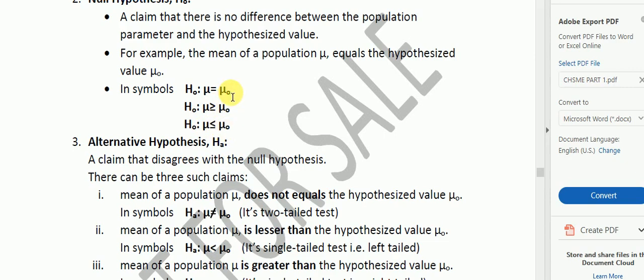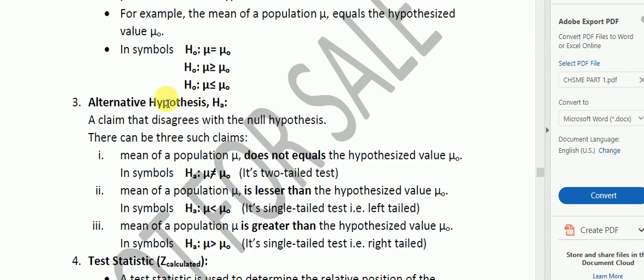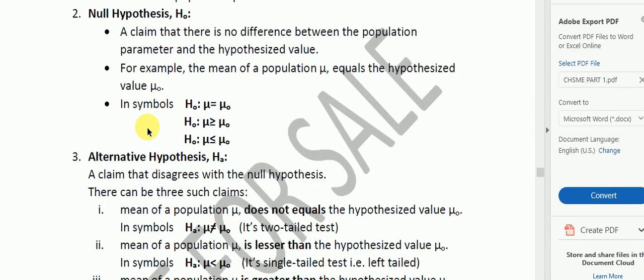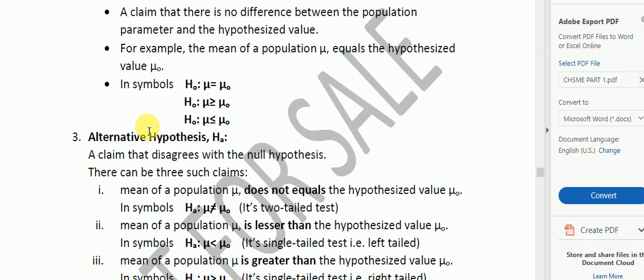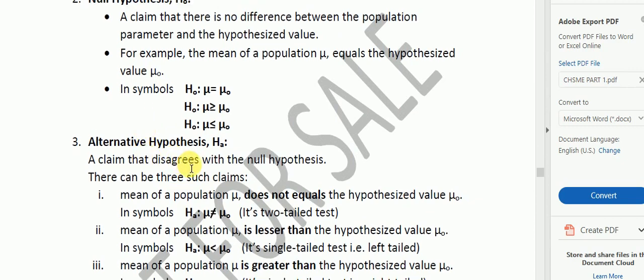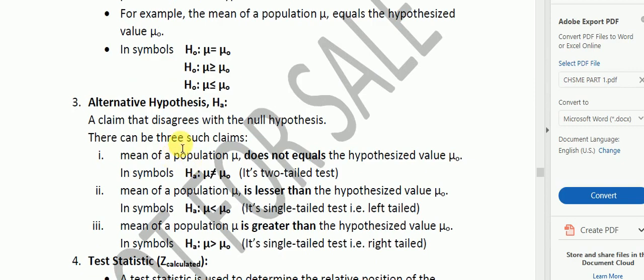Then we'll have the alternative hypothesis. The alternative hypothesis is what a study is suggesting and what's different from what's already established. So it is a claim that disagrees with the null hypothesis, and there can be three such claims. First, the mean of a population mu does not equal the hypothesized value mu naught. So basically it has to counter the null claim. The null states that it is equal to, and this claim says it is not equal to.